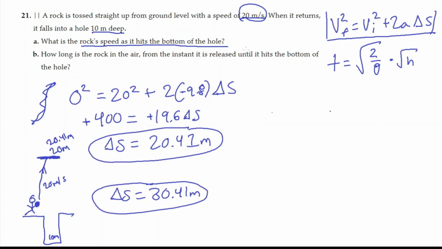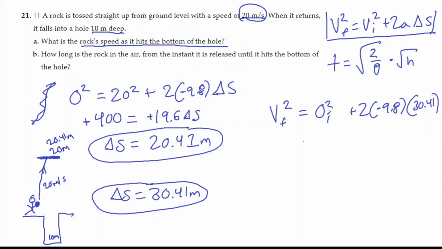So we're going to have v final squared, which is what we want to figure out, and v initial is 0 squared, plus 2 times negative 9.8. And now we know delta S, which is 30.41, the distance it falls into the hole.